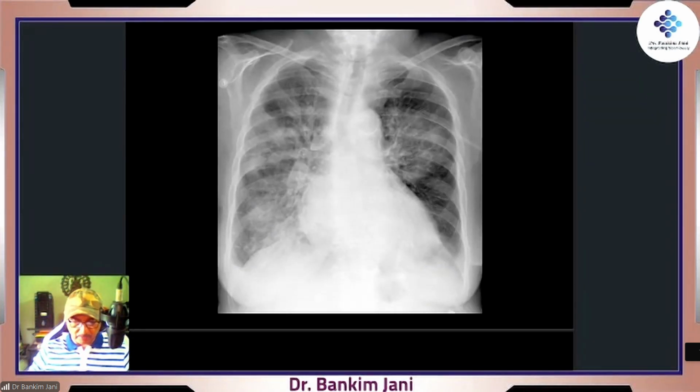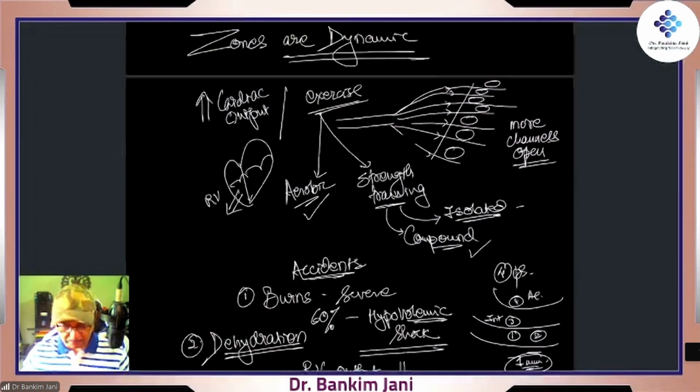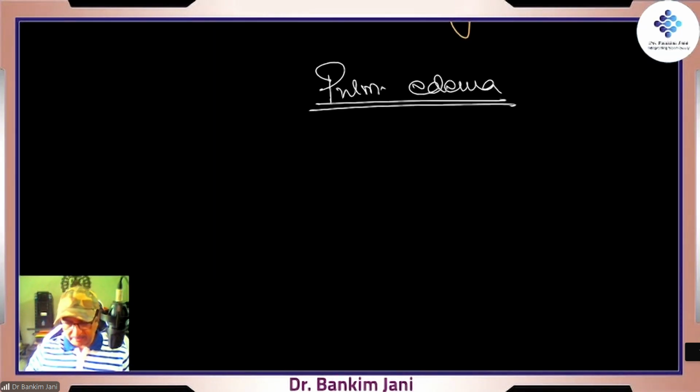Now, there is one more, asymmetric pulmonary edema. We'll come back. So here it is pulmonary edema, and we need to understand why it really occurs and how it occurs.